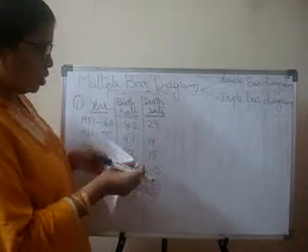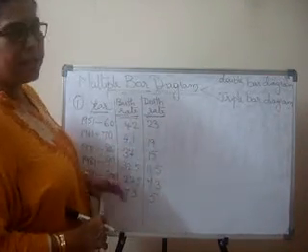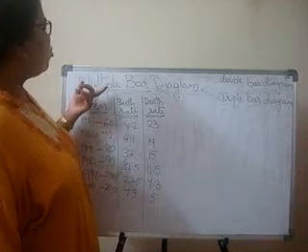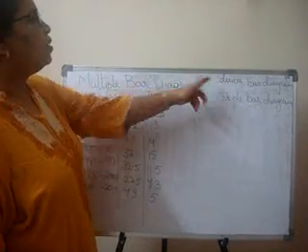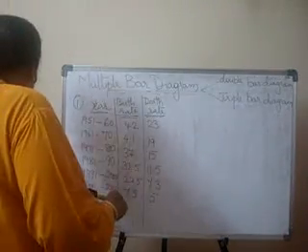Now, how to draw a double bar diagram? Here are the 2 variables which we are comparing. That means we can draw a multiple bar diagram, first one, the double bar diagram. How do we do it?